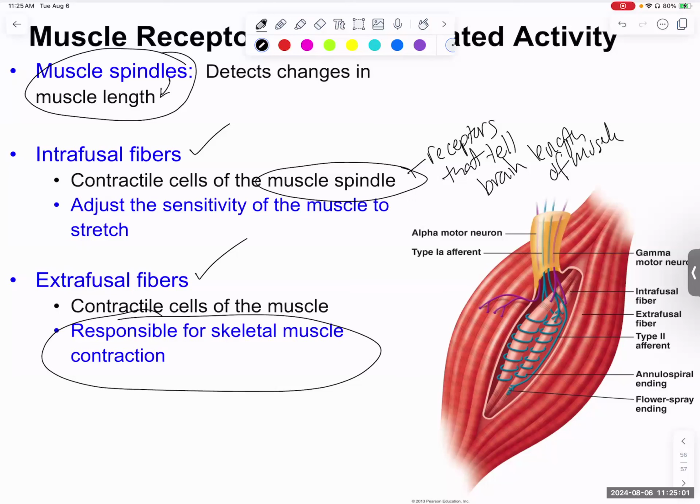As we stretch a muscle or contract a muscle, these muscle spindles are sending muscle length info into the brain, so the brain can adjust. Or at least so it knows the length of the muscle.